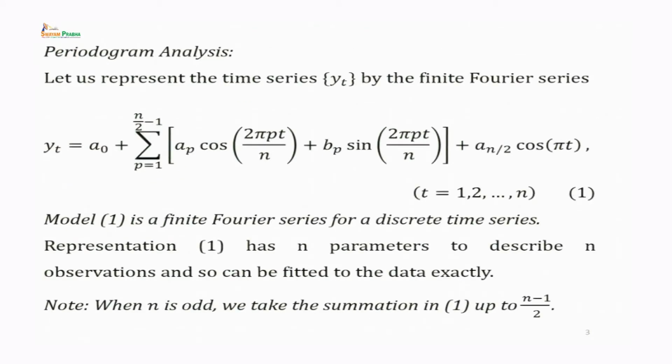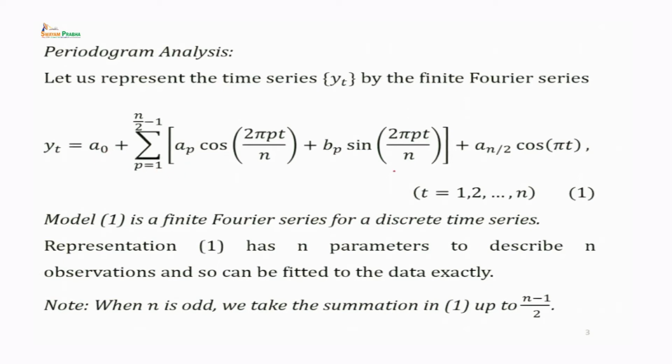Next, you multiply both sides by sin 2 pi p t by n, and then you take summation over t. So, you get summation over t y t sin 2 pi p t by n equal to a naught summation over t sin 2 pi p t by n, which is 0.